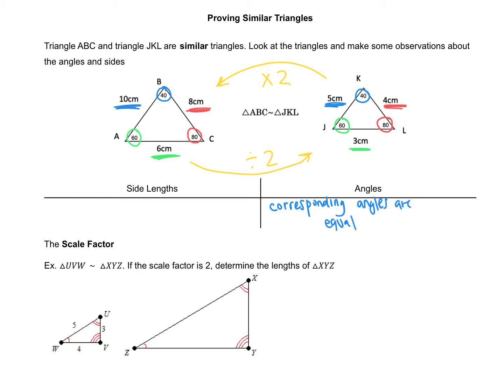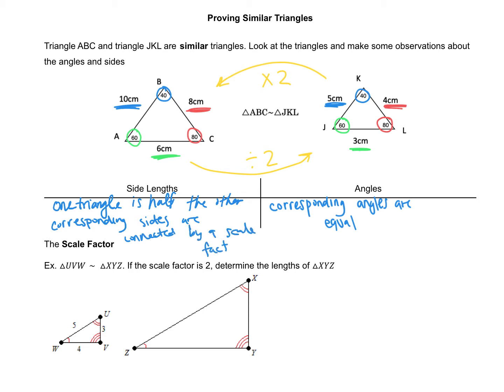So I'm just going to make a note that one triangle is half the other or double the other, depending on the direction you look in. And I'm going to make a note that corresponding sides are connected by a scale factor. So that value of 2.